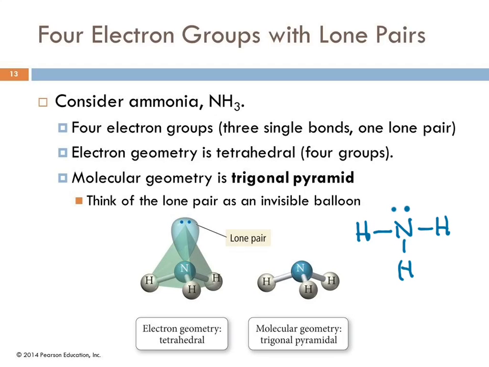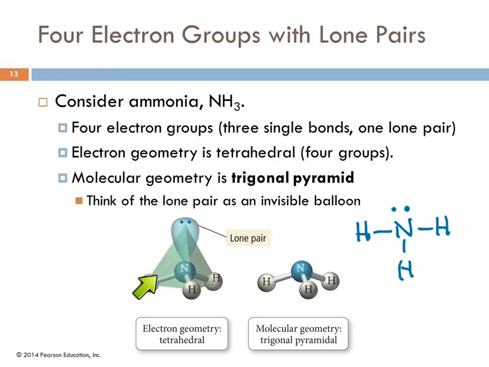And there's a lone pair. That is an electron group. So we have 4 electron groups. That's going to form a tetrahedral geometry with the 3 single bonds here bonded to hydrogens and the lone pair up here.